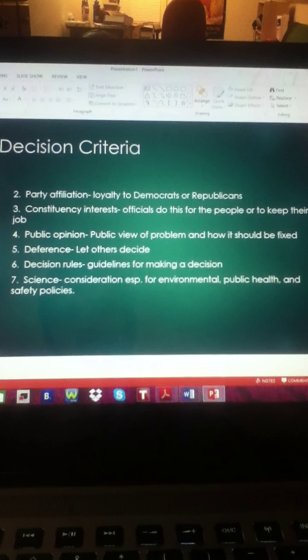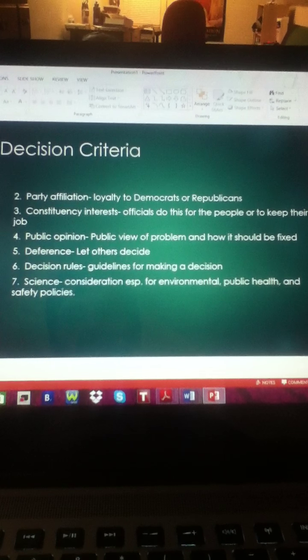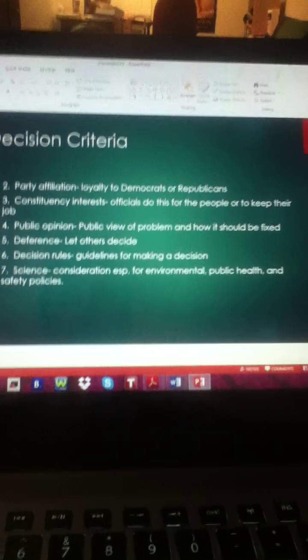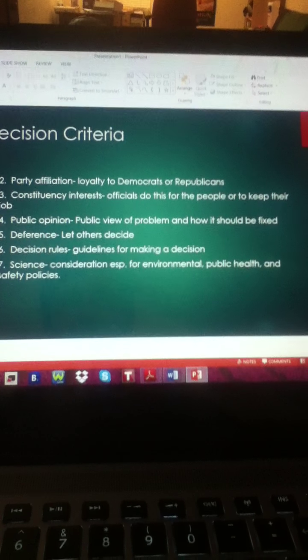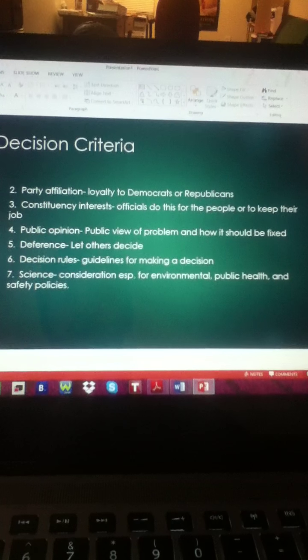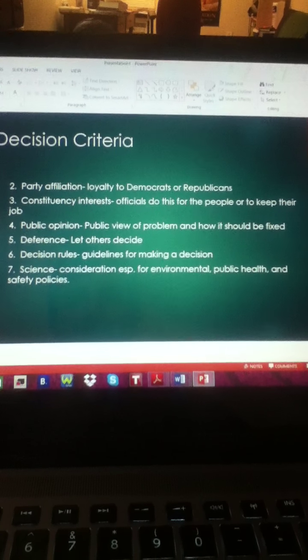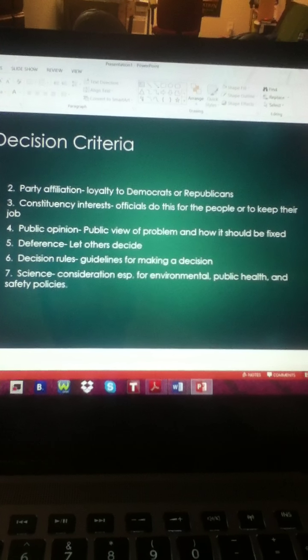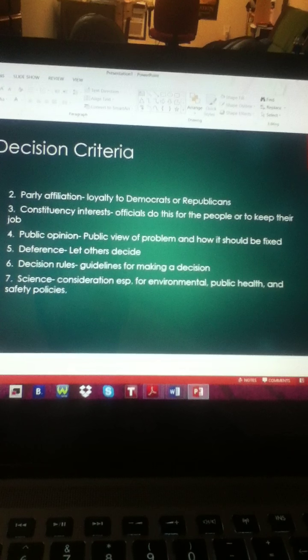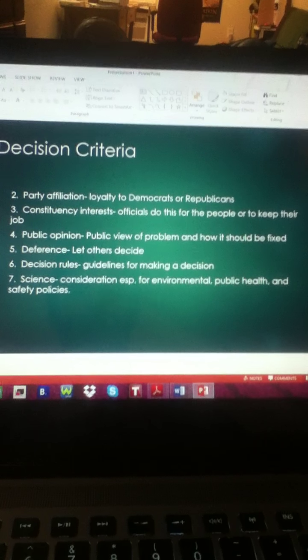Other decision criteria include party affiliation, which is loyalty to Democrats or Republicans; constituency interests, and policymakers follow constituency interests because they want to support the people or they want to get votes.